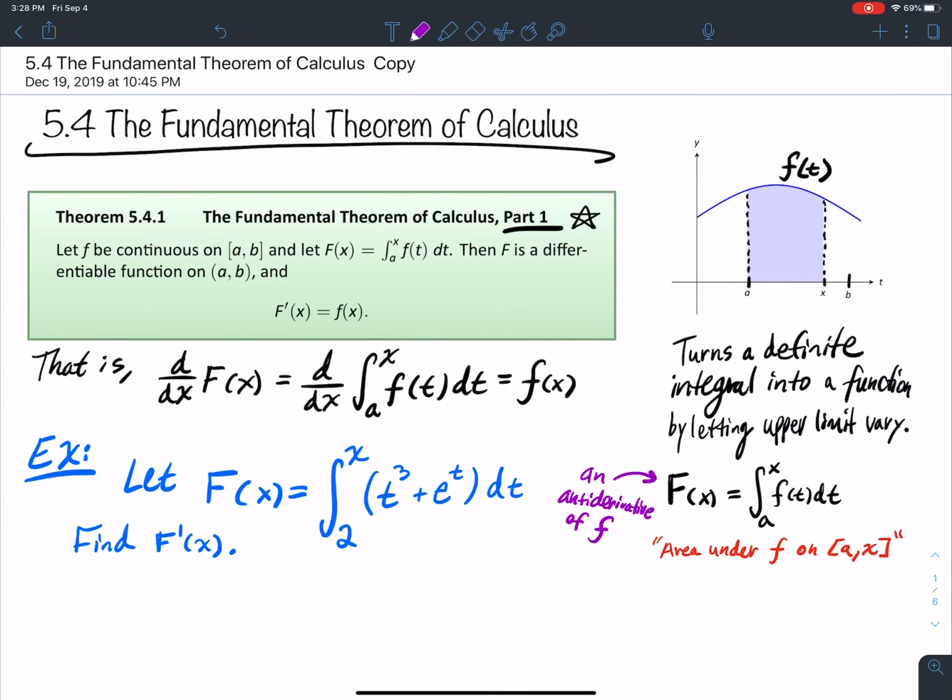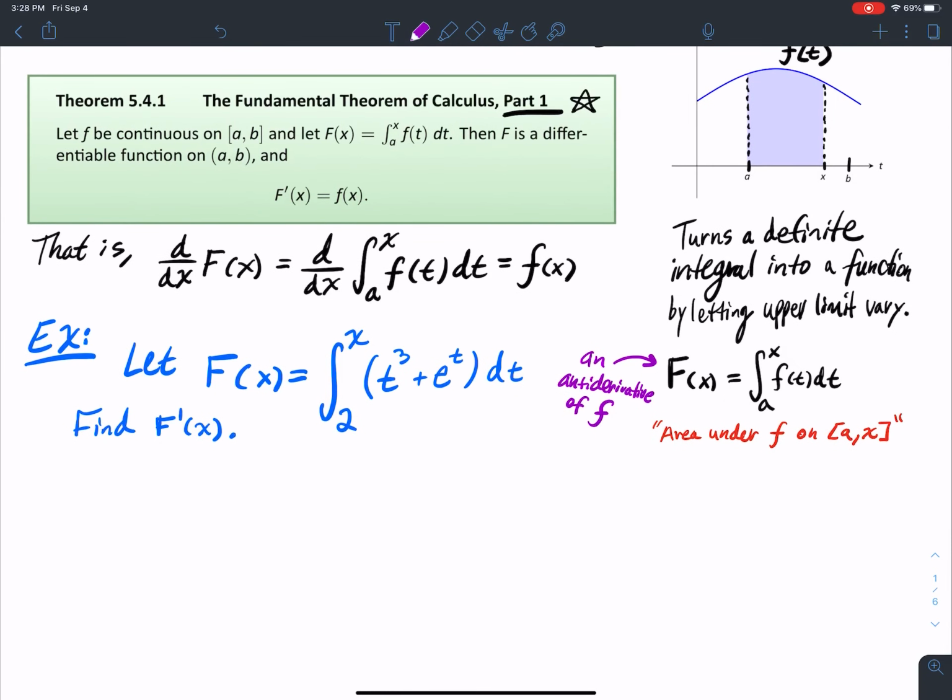So let me give you an example, okay? Right now I have the antiderivative defined to be equal to the integral from a to x, where x is the variable, of t cubed plus e to the t dt. Now, I want to find the derivative of the antiderivative. So what am I going to do? I'm going to take the derivative of this.